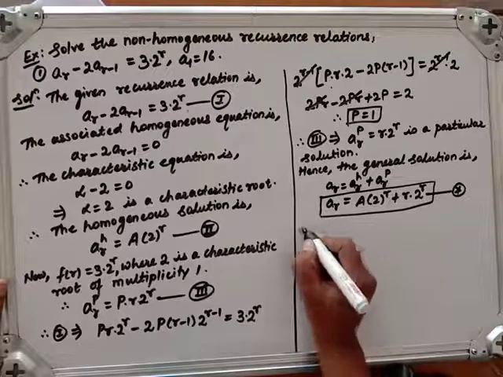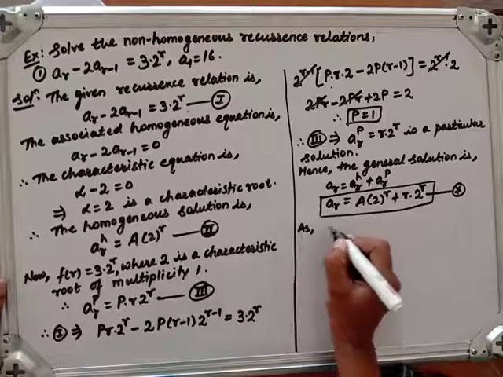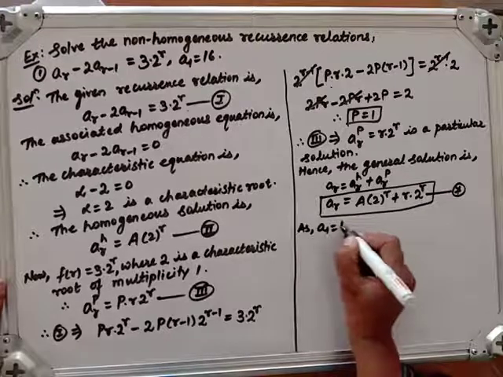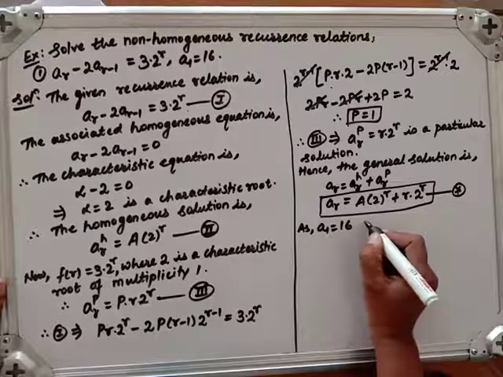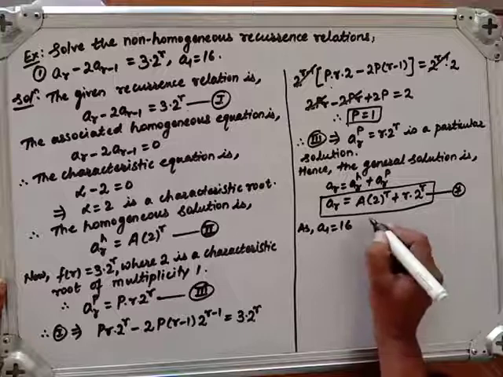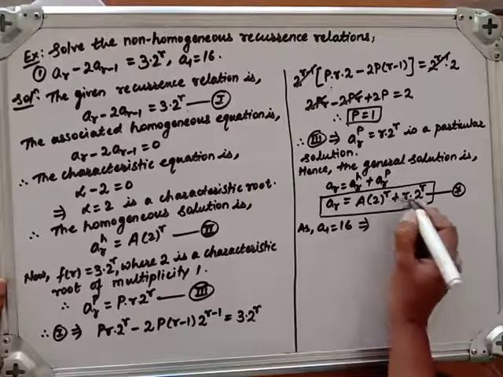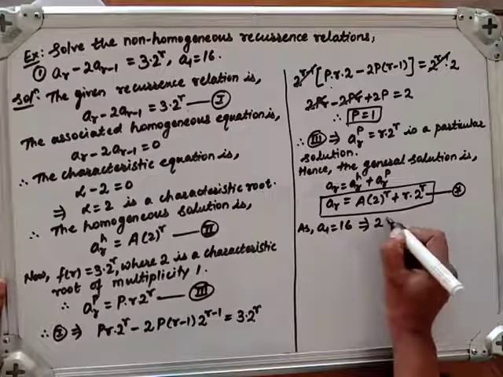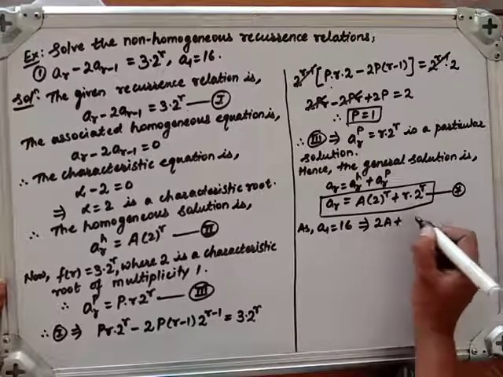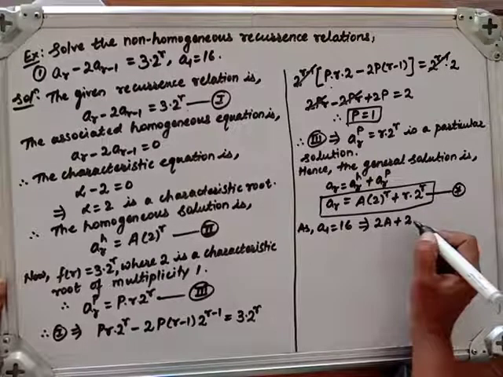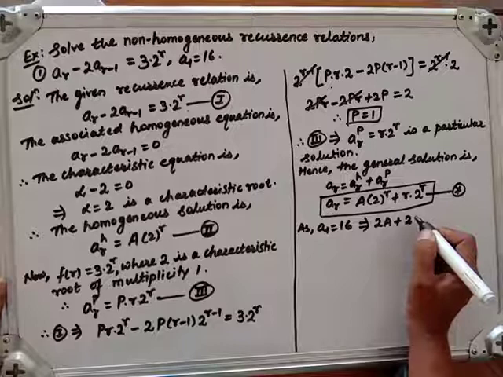Fine. Now as a_1 is equal to 16, put r is equal to 1 here. So it is 2A plus this is 2. Okay.